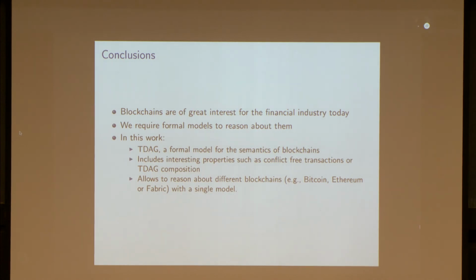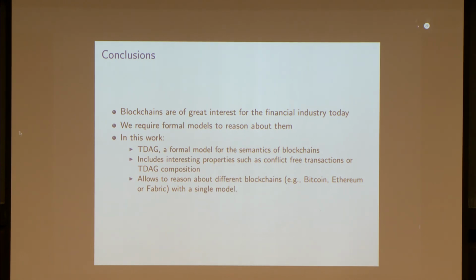To conclude this talk, we have seen how blockchains are of great interest for the financial industry and also academia. However, we are lacking formal models that allow us to reason about them in a unified manner. In this work, we have proposed TDAG, a formal model that allows us to reason about the semantics and properties of blockchains.